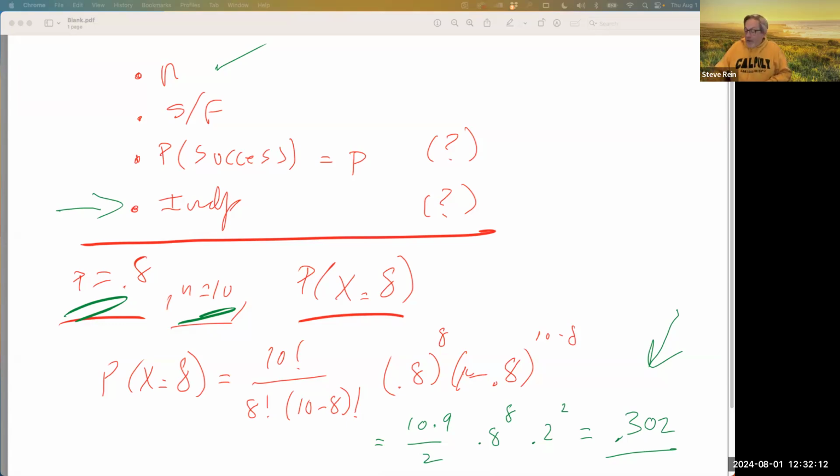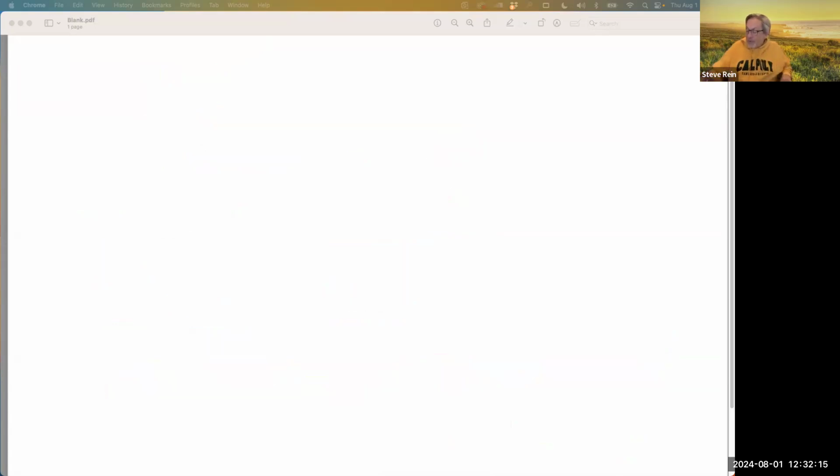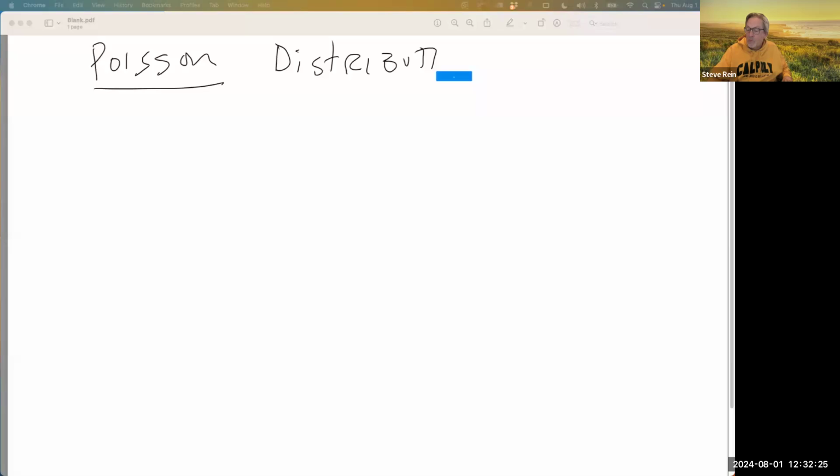Okay, so let's talk about another distribution, Poisson. And one way to introduce you to the Poisson distribution is, suppose we have something that's binomial, but n is really, really large.